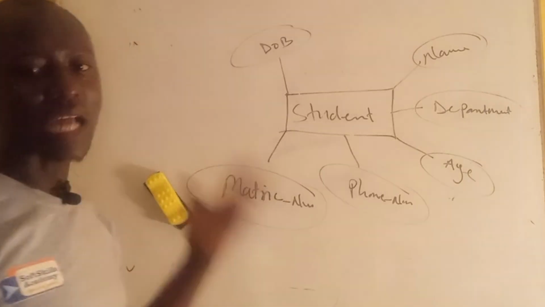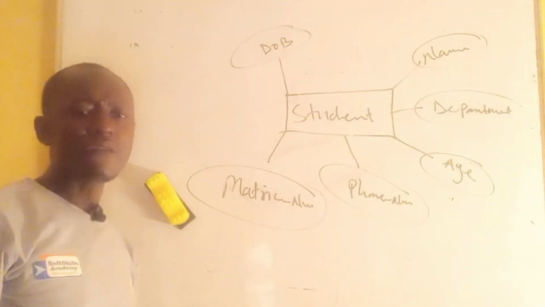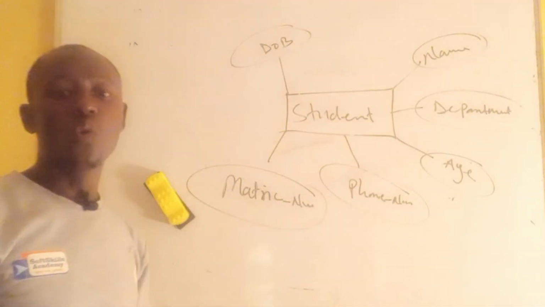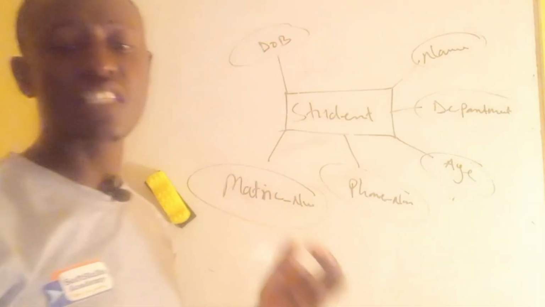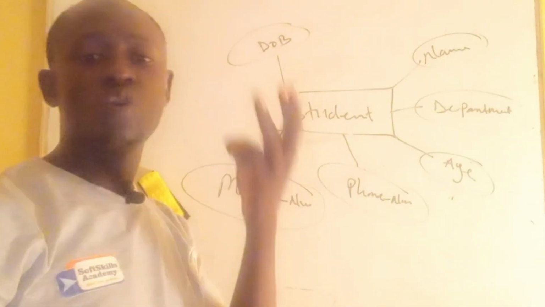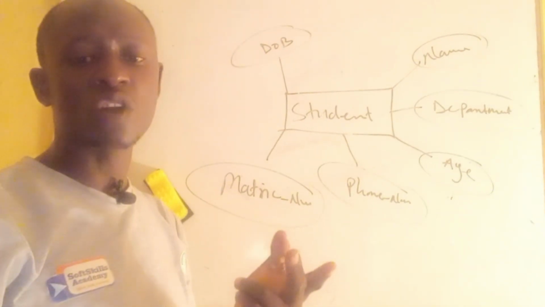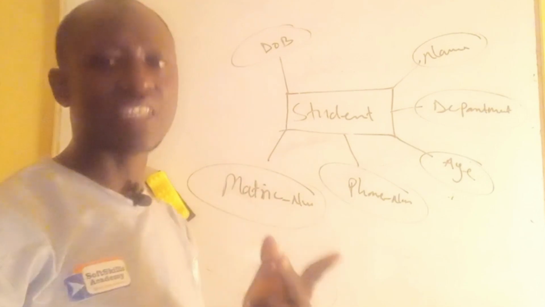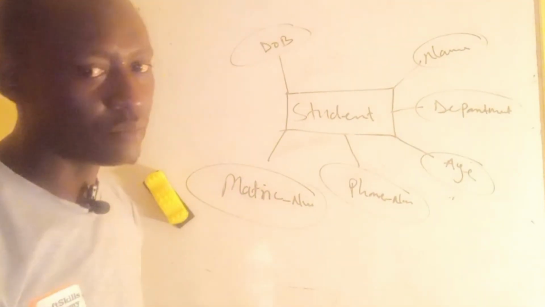So and so on and so forth. So we have in this attribute, we have what we call simple attribute, we have what we call composite attribute, we also have keys. We also have keys under these attributes.